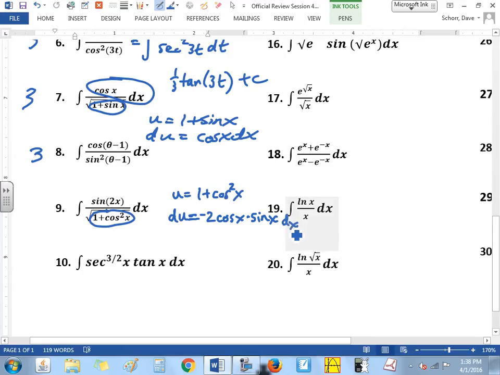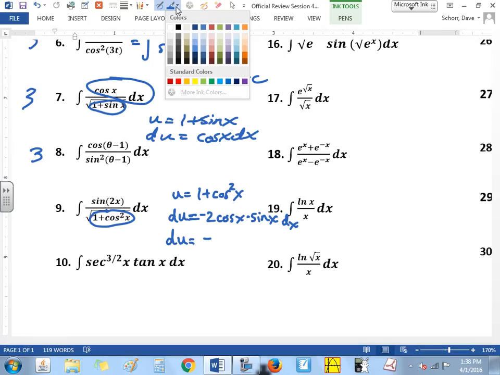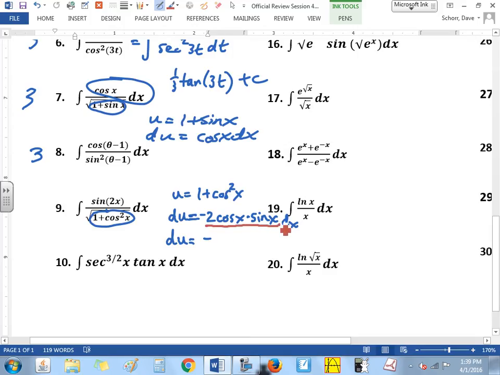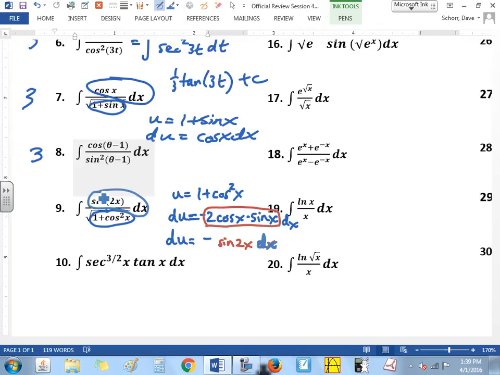And I don't know if you remember this or not, but this right here is sine 2x. So we don't need a ton of identities for the AP test, but it is helpful to know a few basics. So you can see that the numerator right there is really negative du. So this one is going to work out beautifully for us as a u sub if we use one trig identity along the way.